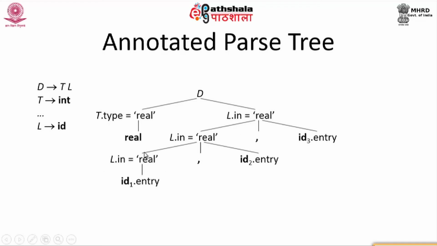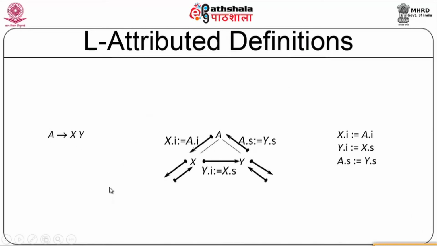This L dot in also has got the value real from its parent, and id dot entry will have the type as real from its parent, okay. But id is a terminal, therefore it is a synthesized attribute. L dot in has got it from the parent or the sibling, therefore L is going to be an inherited attribute here. So this is what we look at as an L attributed definition.